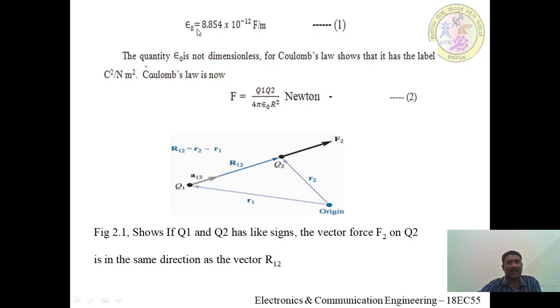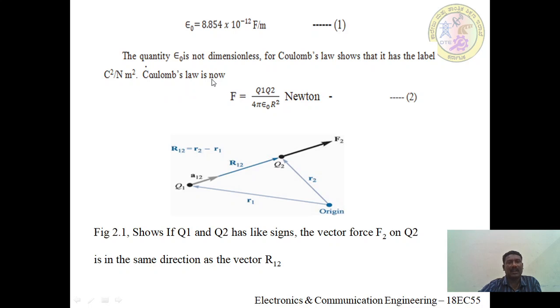The value of epsilon naught is 8.854 times 10 raised to minus 12 farads per meter. The quantity epsilon naught is not dimensionless; Coulomb's law shows that it has the units coulomb squared per newton meter squared.